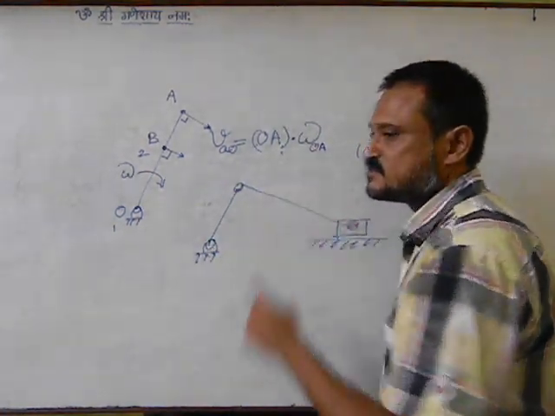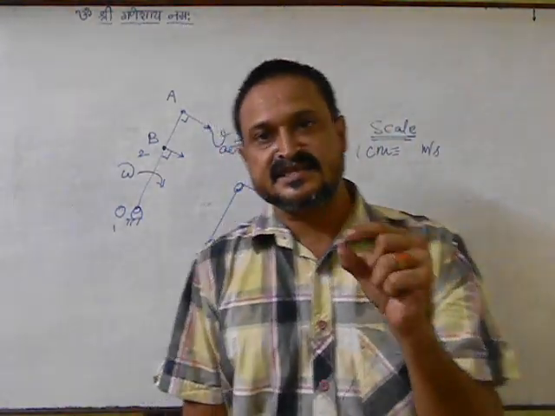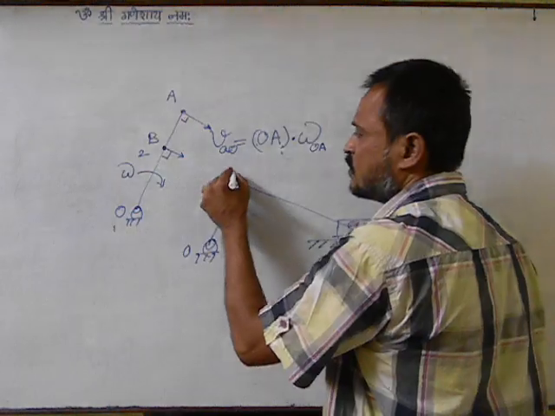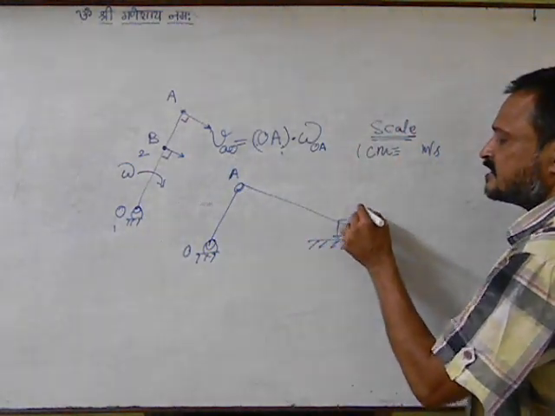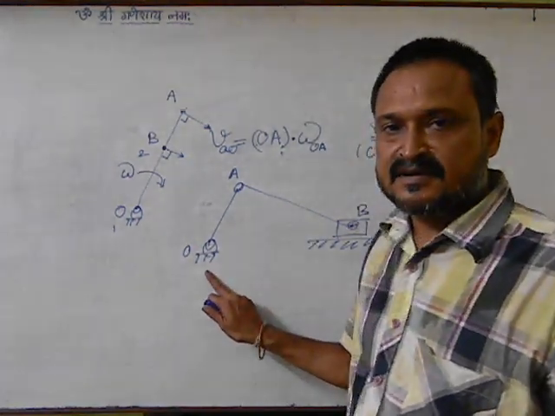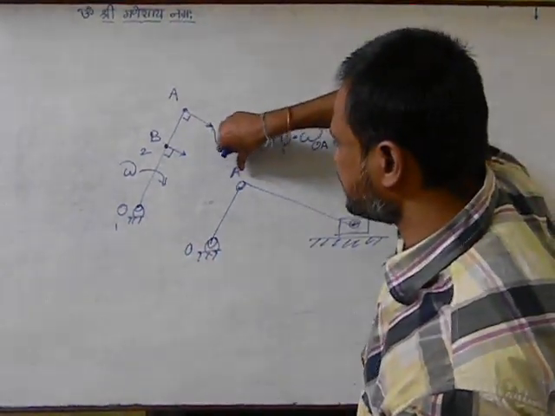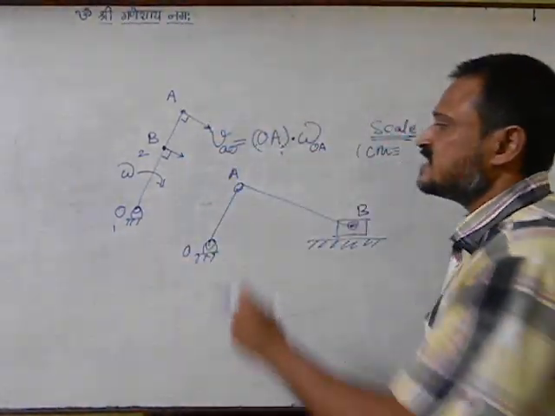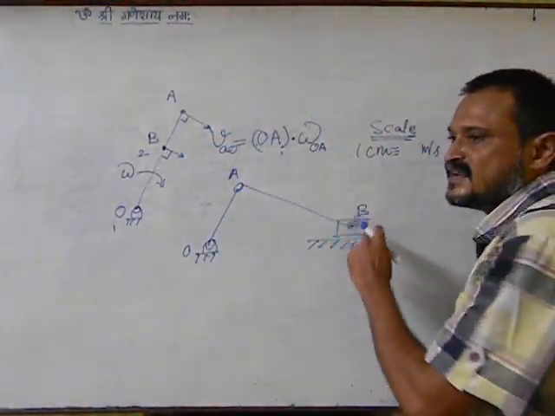If you see the joints, joints are the locations which are sharing the links. So let us say O, A and B. Now O is part of the frame. Joint A is on link OA as well as on the link OB.